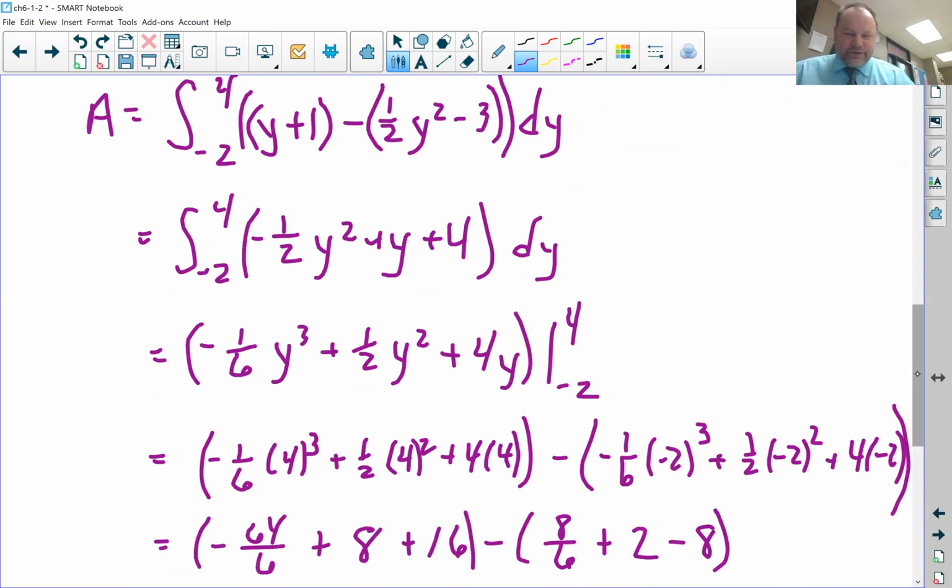On the AP exam, if you were doing this problem and you had the functions backward, my suggestion would be, if this was on the free response part, redo the problem, and then when you're done, cross out the wrong part. If you don't cross it out, it will get graded.